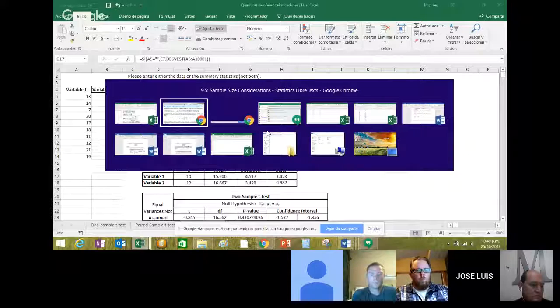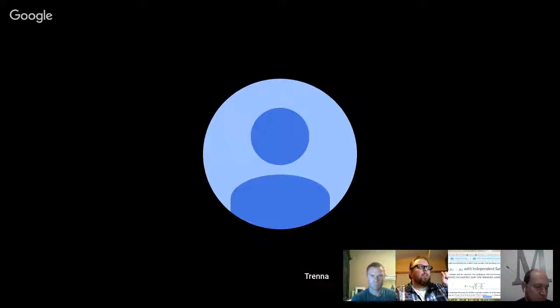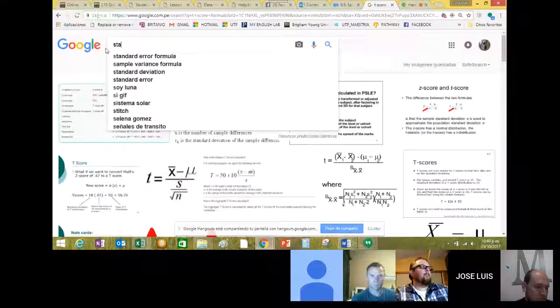No, square root. No. That 2 there is not an exponent. The S2 stands for the standard deviation of your sample. Okay.